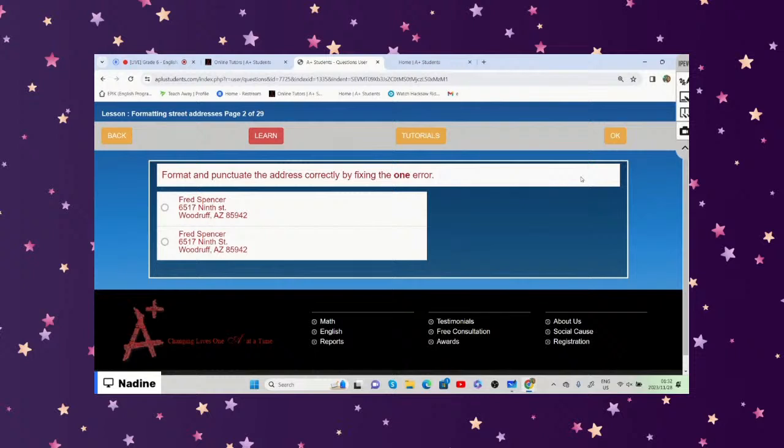All right. So if we look at the address, we say that the first one is addressed to Fred Spencer. There we have 65179 Street. In this case, street needs to be written with a capital letter S for street. And then we have the city, which is Woodruff, comma, AZ, which is his state.